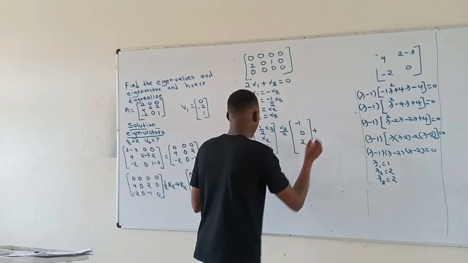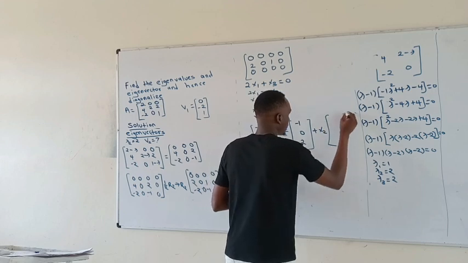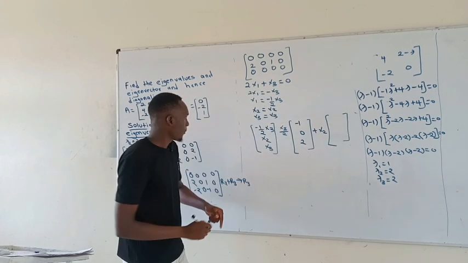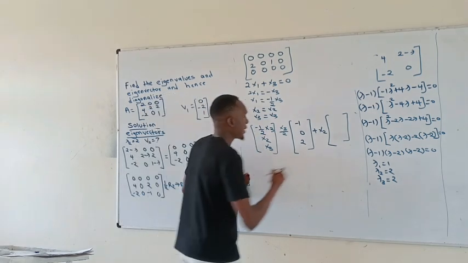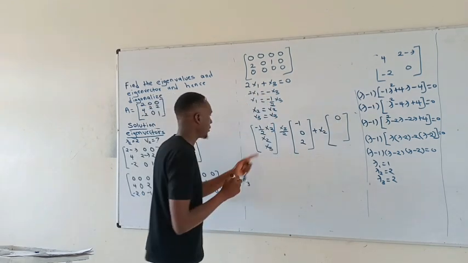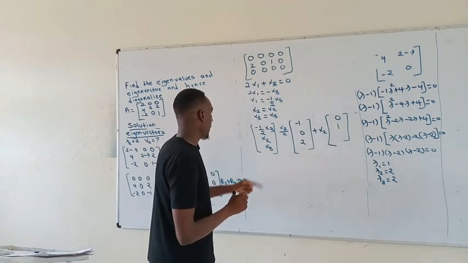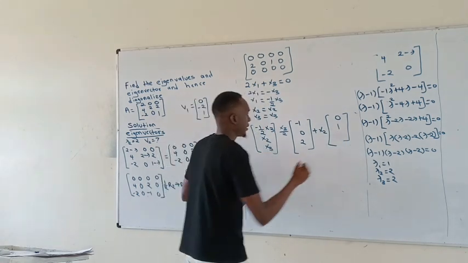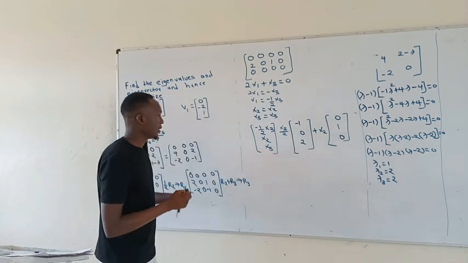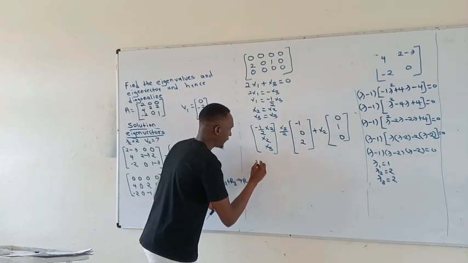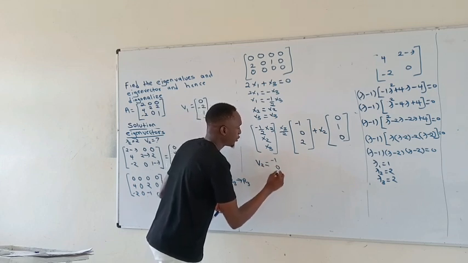Plus, let's factor out x2. When you factor out x2, it will be 0. Don't have x2, it will be 1. And here, it will be 0. Now we realize that our eigenvector 2 is equal to negative 1, 0, 2.